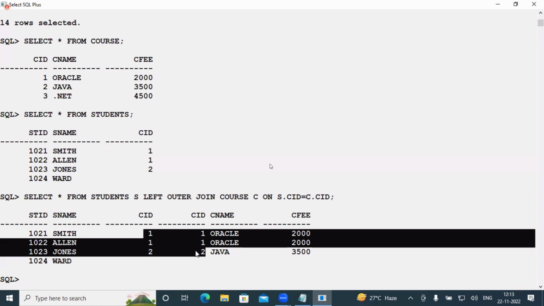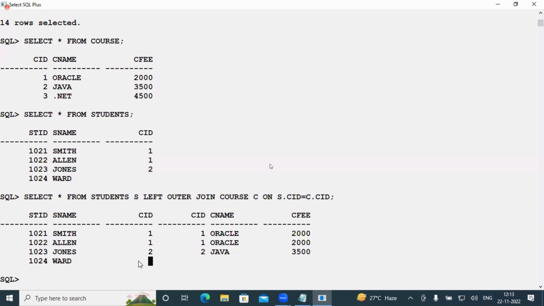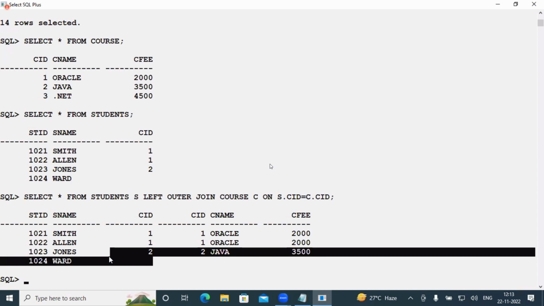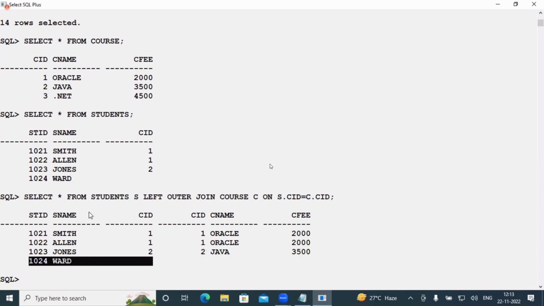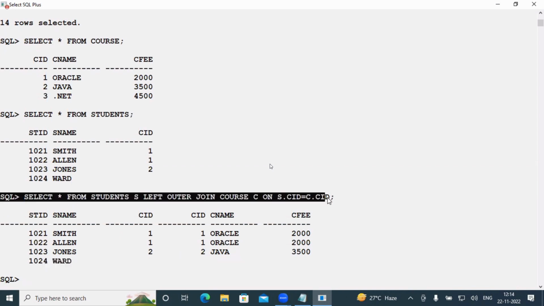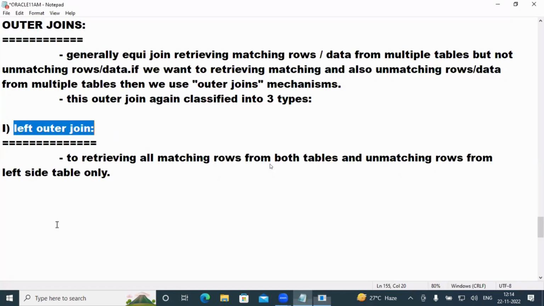But unmatching rows, unmatching row means here null, null is the unmatching row. Unmatching rows are taken from the left side table, which is student. So we got left side table data only. So this is left outer join implementation, guys. And which format here? ANSI format.